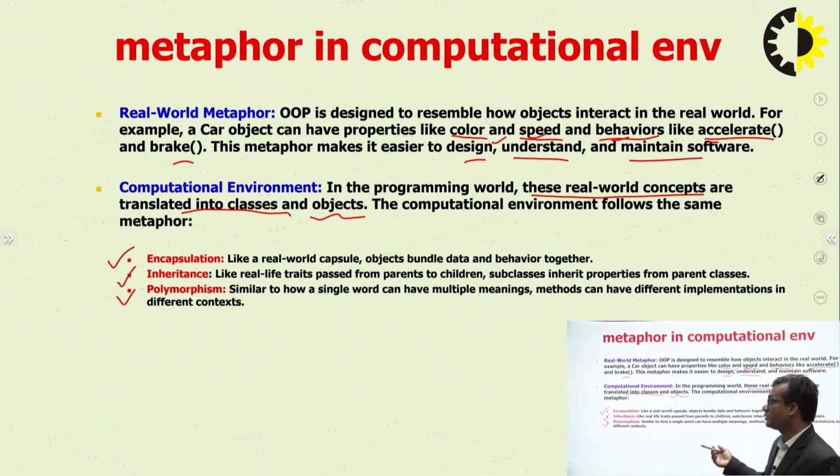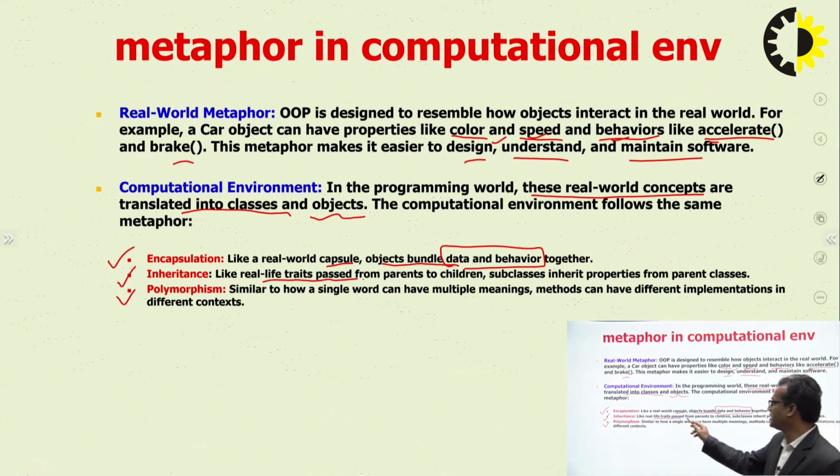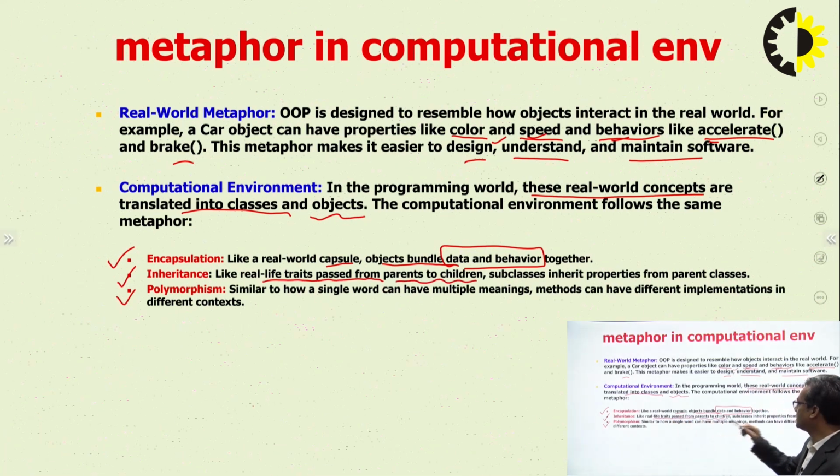If we talk about encapsulation, like a real world capsule, the object bundles data and behavior together. Inheritance is like real world traits passed from parent to children: subclasses inherit the properties of parent classes.